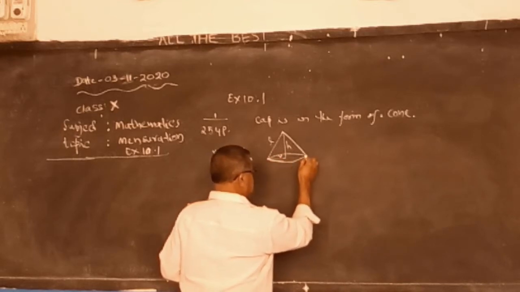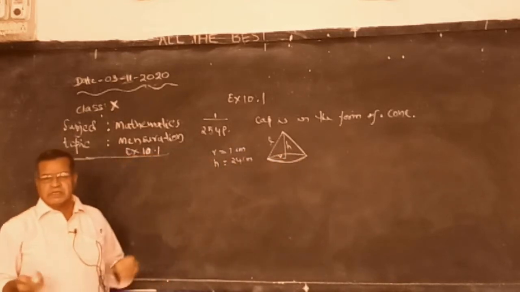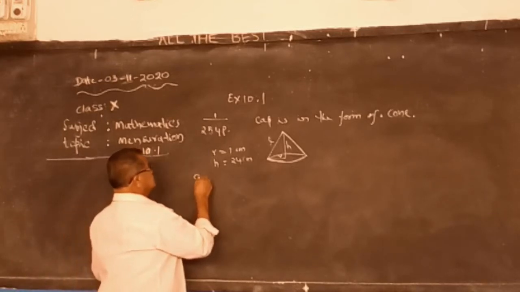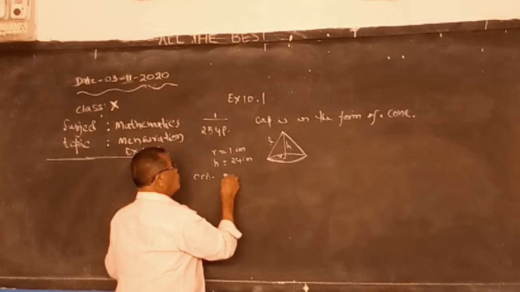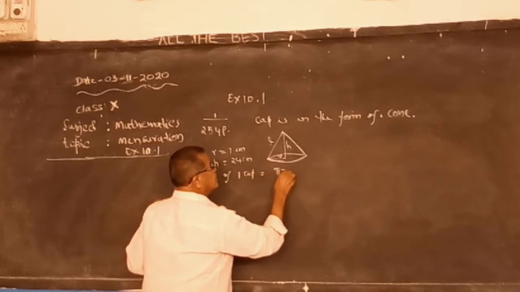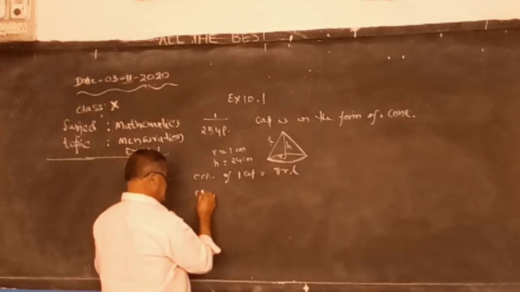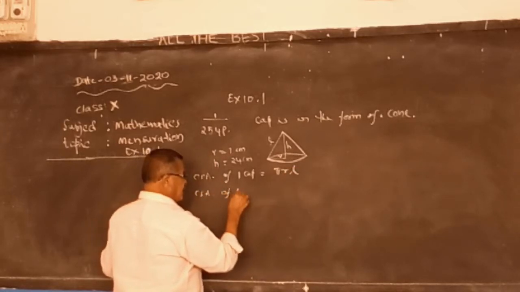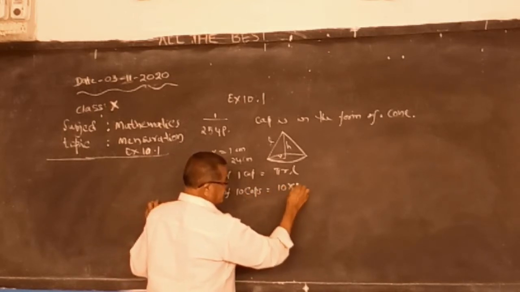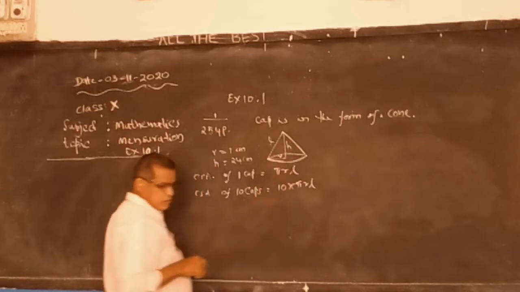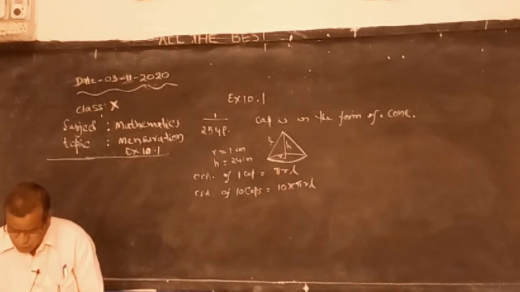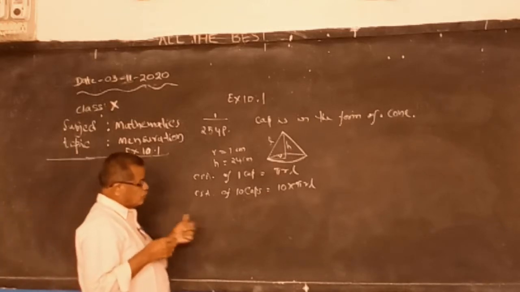For one cap, what do we have to find? The CSA of the cone. CSA of one cap is equal to pi r l, and CSA of 10 caps is equal to 10 into pi r l. Pi means 22 by 7, r means 7, and l we have to find.